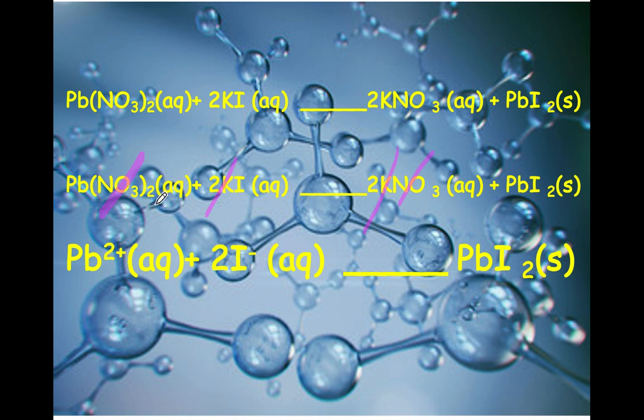We know it from the chemical compound. So it's 2 positive in the aqueous state, plus 2 of the iodine, it is a radical negative 1, aqueous state, gives the lead iodide, which is in the solid state. And this is the final ionic equation.